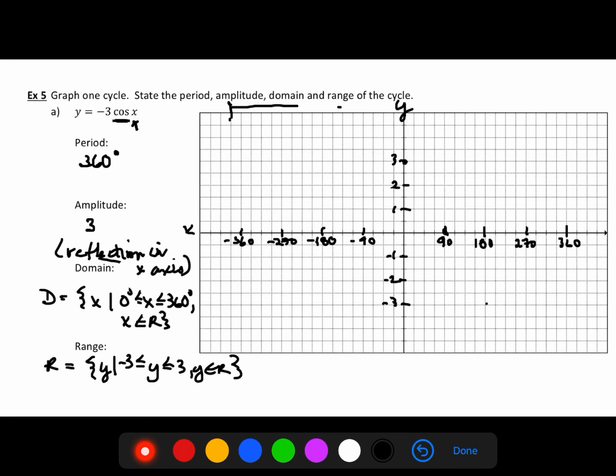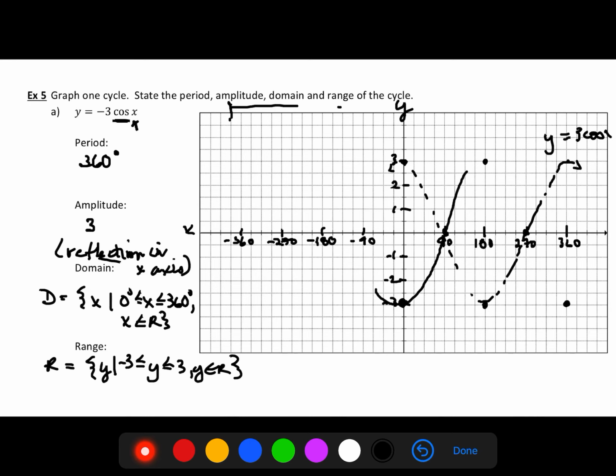So if we want to draw our graph of y equals 3 cos x, we can do that and then change it. So if we do that, starting at our max, to the middle, to the min, to the middle, back to the max. That's our graph of y equals 3 cos x.